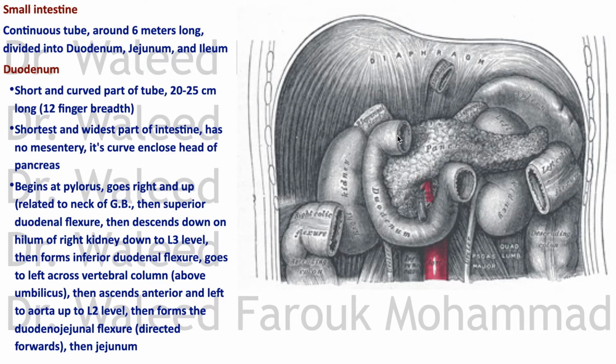Now, the first part level is the L1 vertebra. The second part is L2, actually all the length of L2 till it reaches L3, which is the level of the third part, and then the fourth part ascends again to the level of L2. Please remember the levels, it's important in your study.